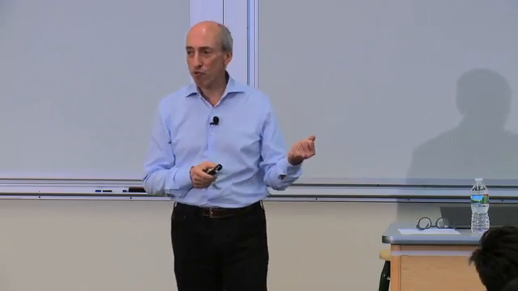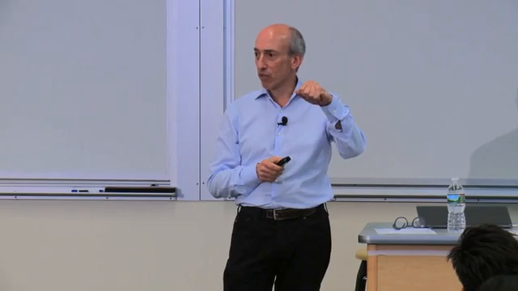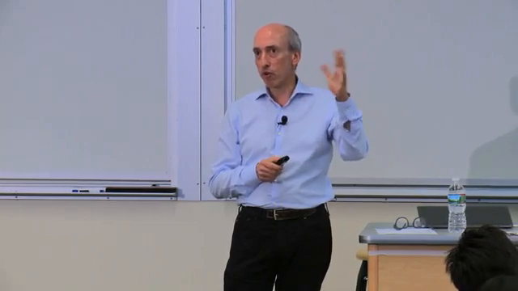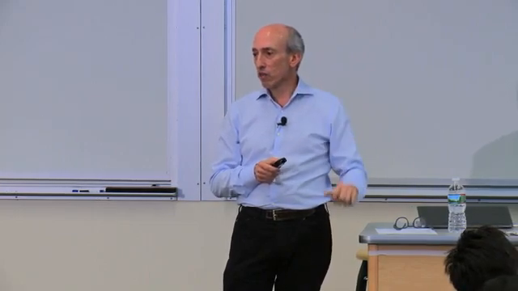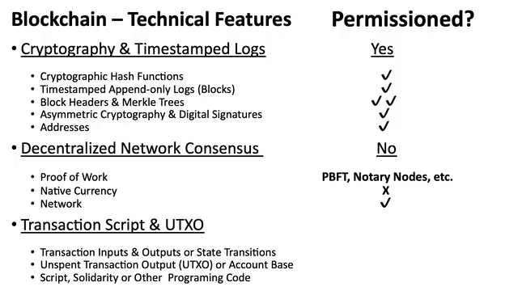And instead of proof of work, the permission systems use a bunch of consensus mechanisms, and I just listed a couple: notary nodes or PBFT for Byzantine fault tolerance again. But they don't have native currencies. So that is a very big difference, no native currency.